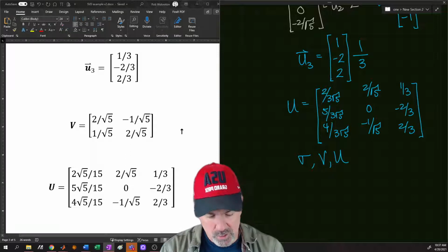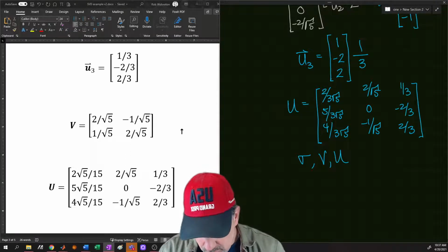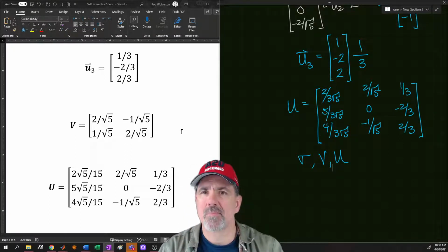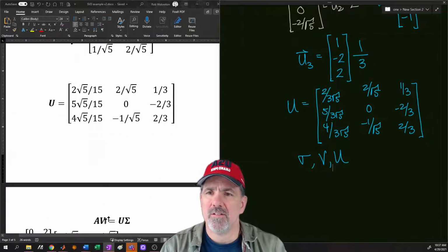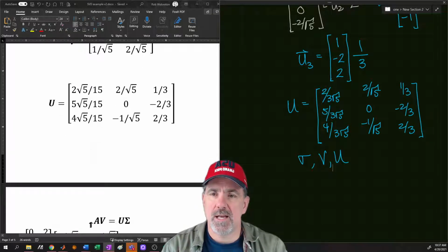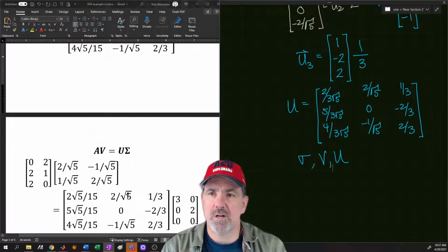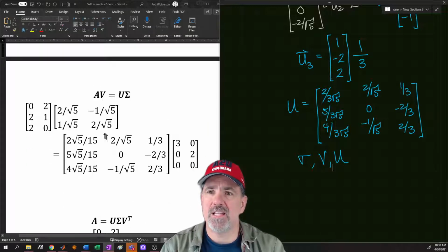And now what we want to do is write down A as AV equal to U sigma. So this is AV equals U sigma right here. Here's my V matrix.